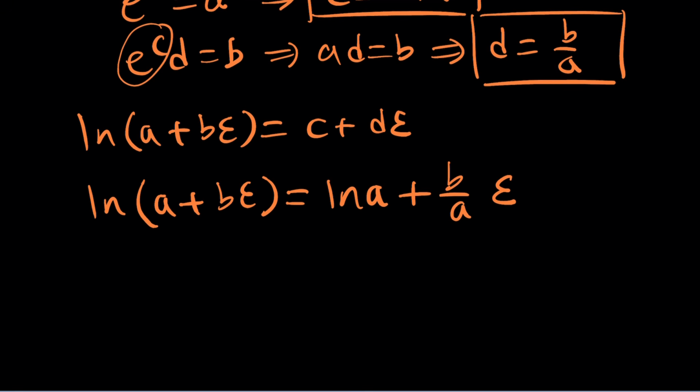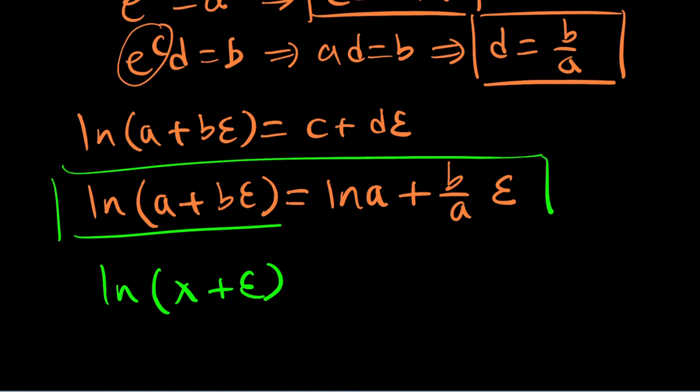So what was our goal? Our goal was to get something like ln of x plus epsilon, right? That's our goal. Remember that. Don't forget. But as a bonus, you did get a formula for the ln of a dual number. Now, we can definitely use this to find the ln of any dual number, including x plus epsilon, even though x is a variable. What we need to do is replace a with x and b with 1, right?